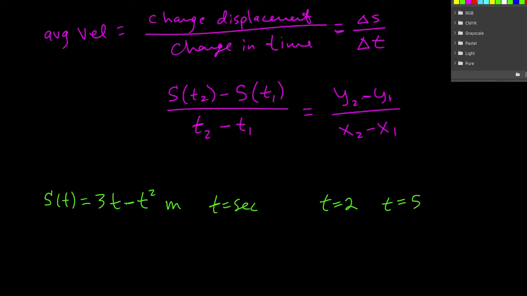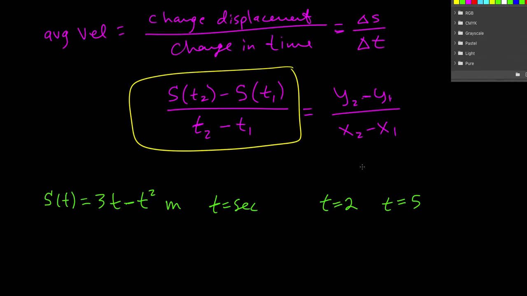Okay, so what we're going to do is up here, we're going to use this formula. And so we're going to find s of 5 minus s of 2, and then we're going to put that over 5 minus 2.